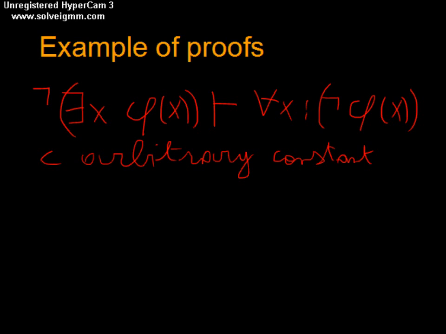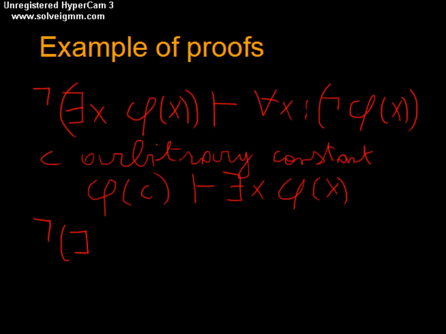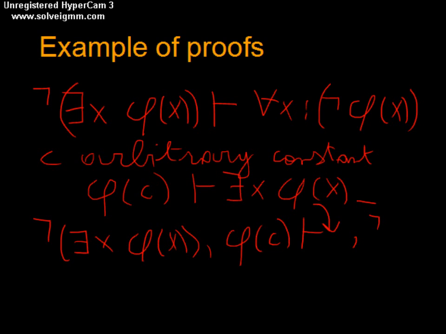Now from phi C we can infer that there exists an x so that phi x is true. So from the following, there does not exist an x so that phi x is true, and from phi C we can infer this previous statement and its negation.